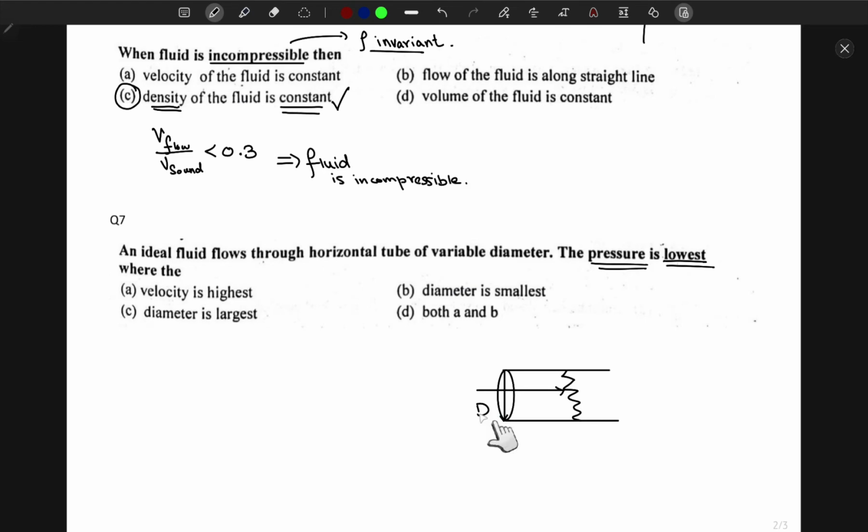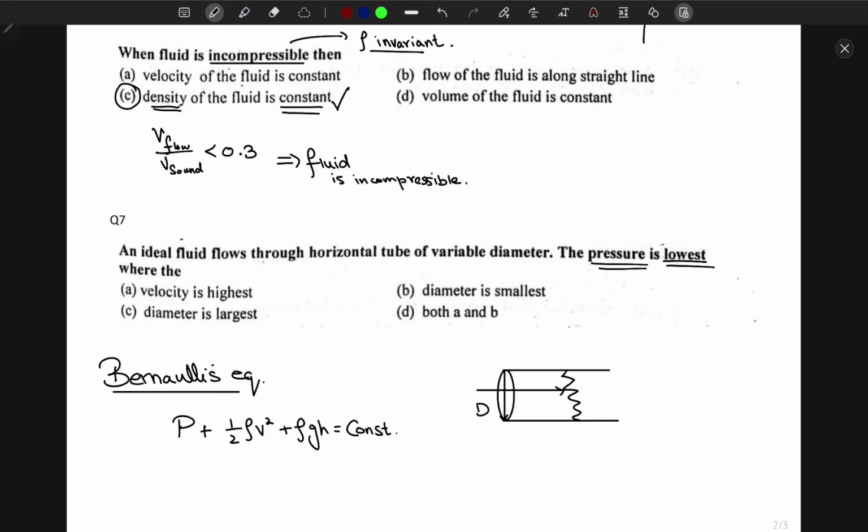So that's the diameter. So if you recall Bernoulli's equation, which we discussed in the theory part, it was something like P plus 1 by 2 rho V squared plus rho GH is a constant.